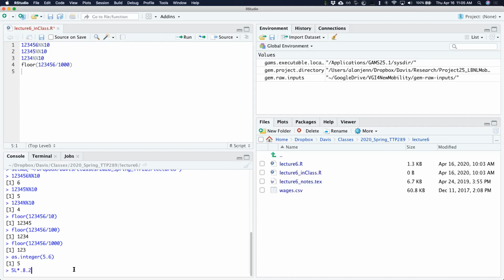Does this transform it back into numeric? Let me do that. Yeah, it does. So I guess I'll say it's functionally the same, except it transforms your numeric into an integer, whereas a floor keeps it as a numeric. And whether or not that makes a difference depends on the context.